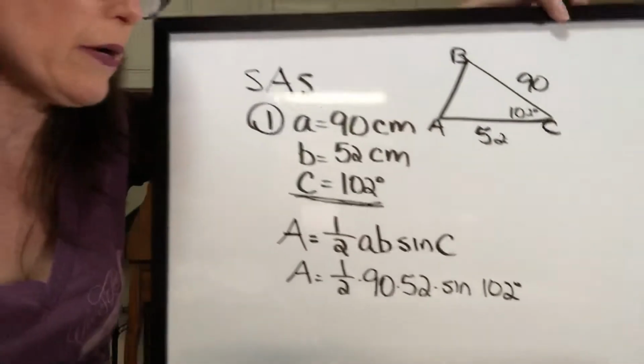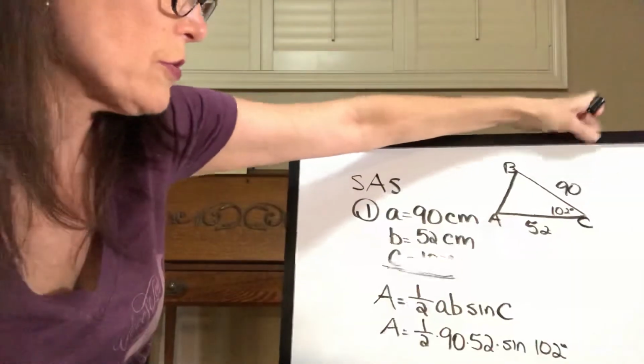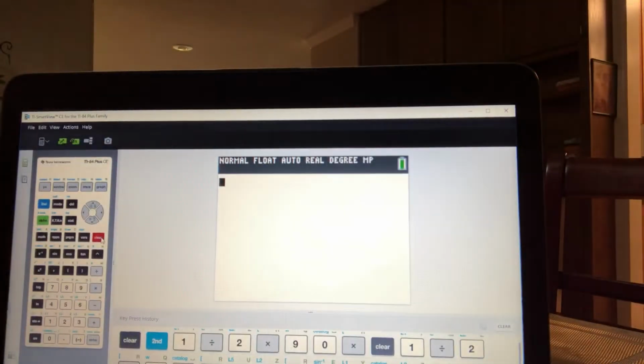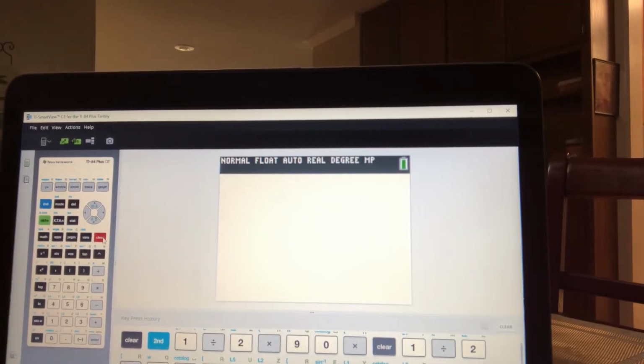So I'm going to go to the calculator now and see how that turns out. Not bad at all. Okay, so keep your calculator in degree mode. Hopefully it already is from earlier problems you were doing.